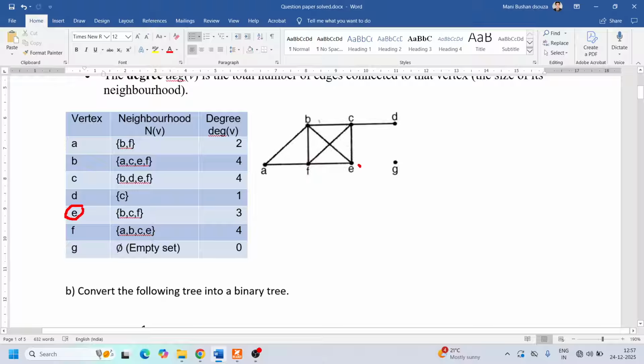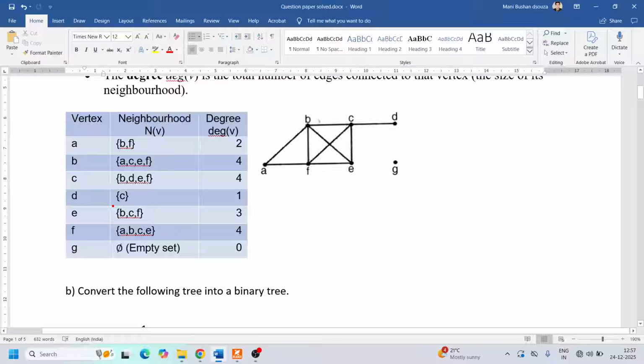E is directly connected to B, E is directly connected to C, and E is directly connected to F. So B, C, F are its neighborhood, and there are 3 edges connected to it. So the degree of it is going to be 3.